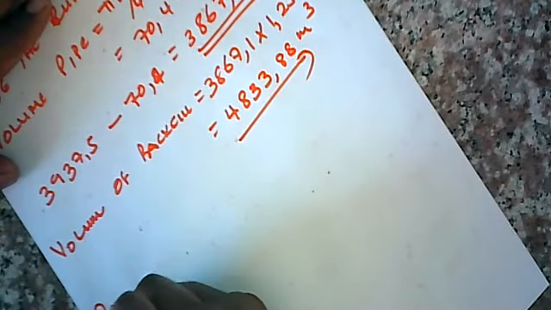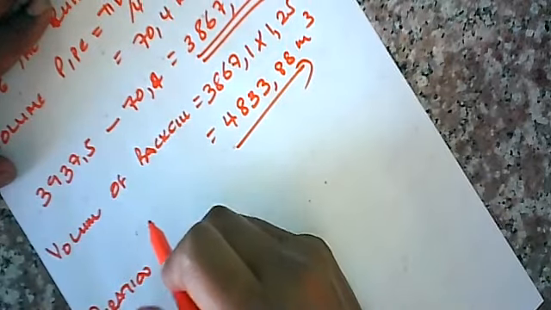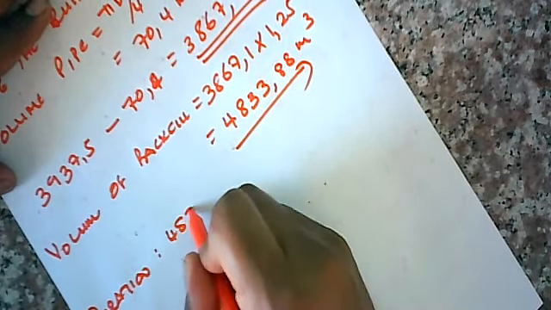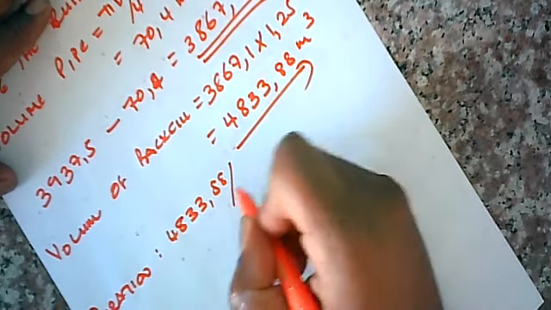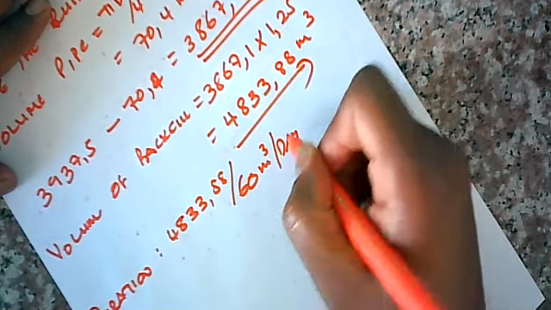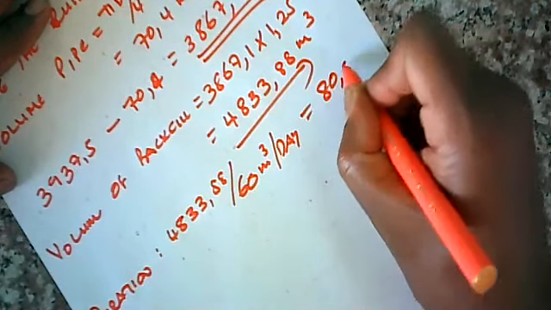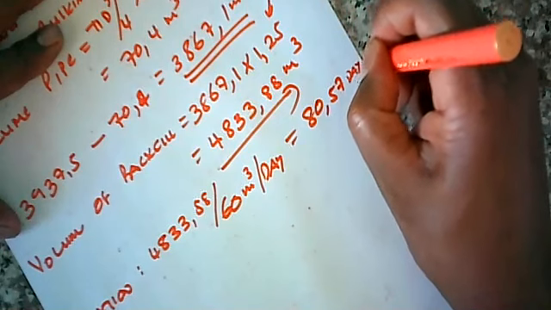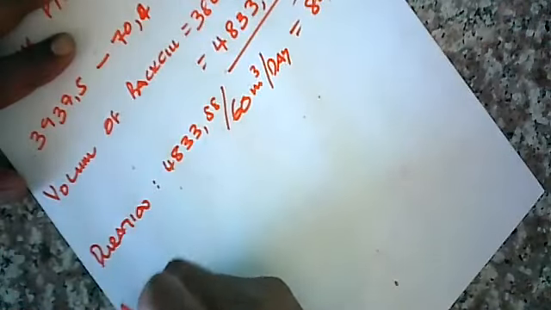How long does it take? Let's look at duration. If you have duration, then we can calculate cost. Duration, we're looking at 4833.88 divided by 60 meter cube per day gives us 80.57 days. All right, labor cost.